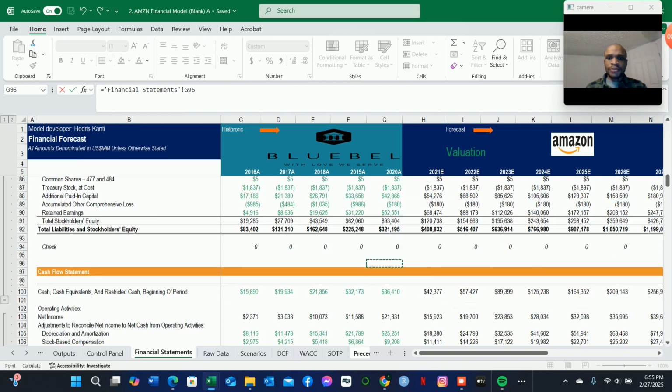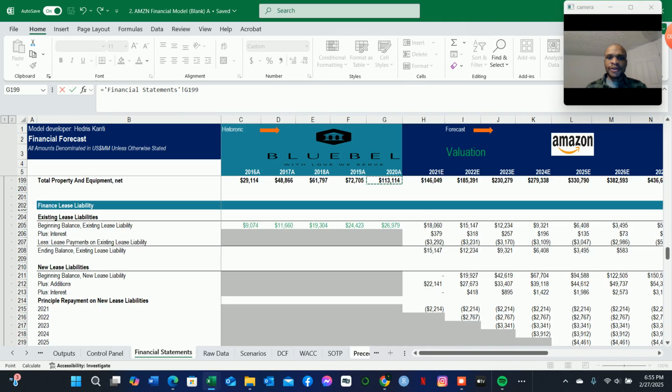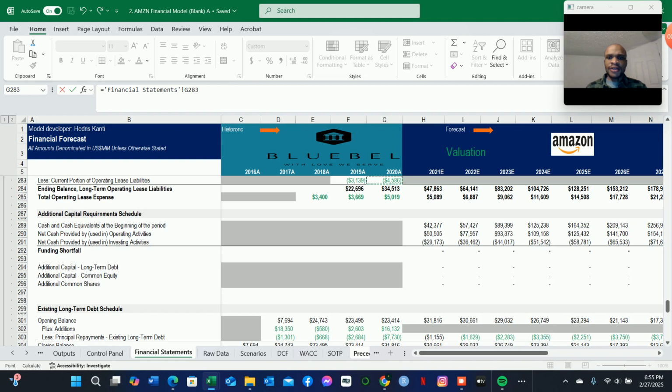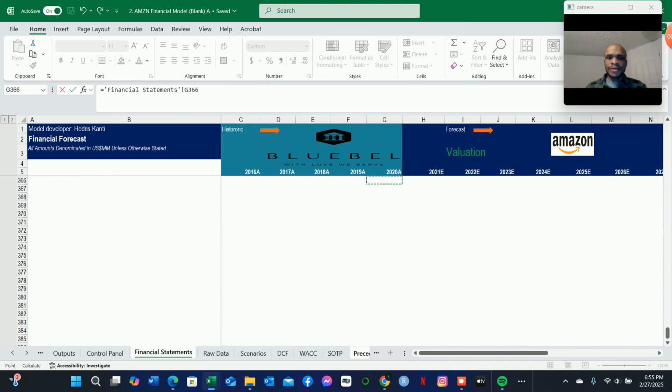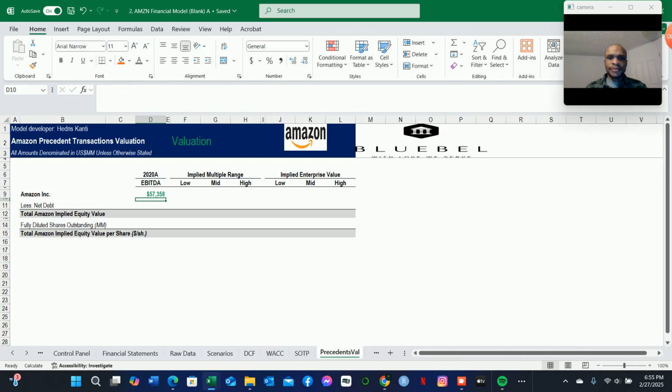So we could grab EBITDA excluding stock-based compensation. In this case, we already have it summarized here. So we grab EBITDA excluding stock-based compensation. And we have that there.